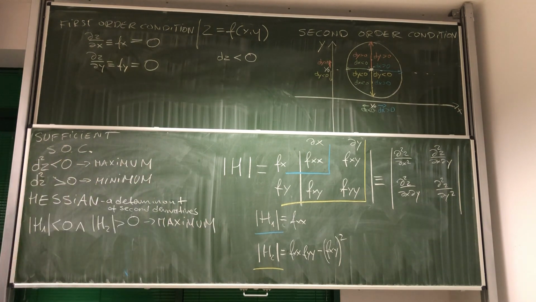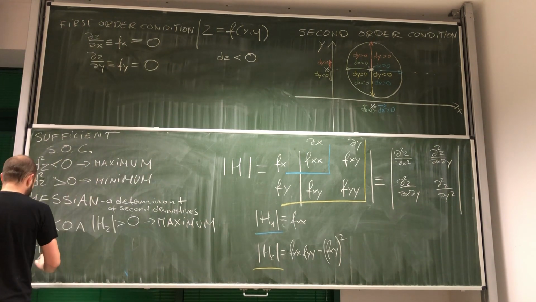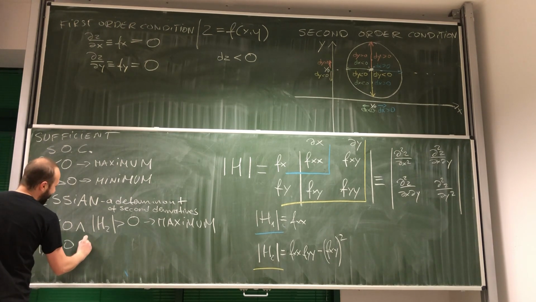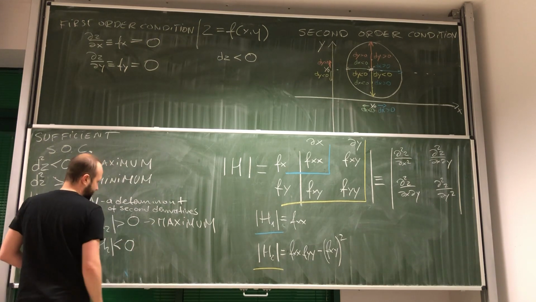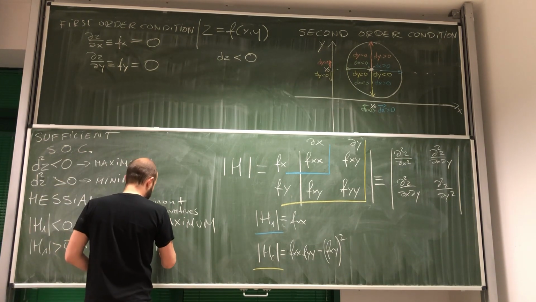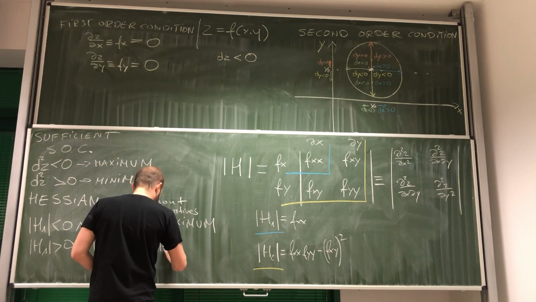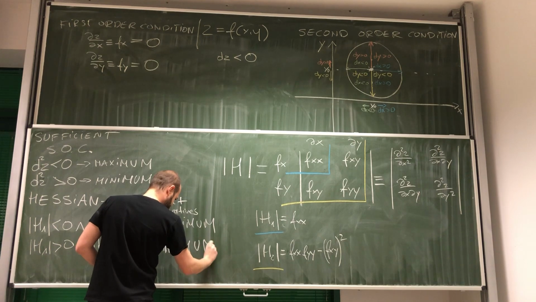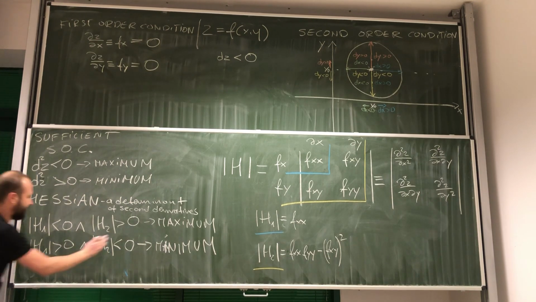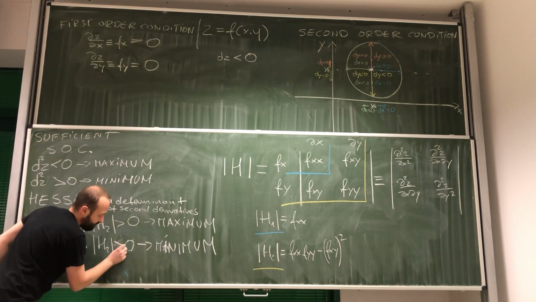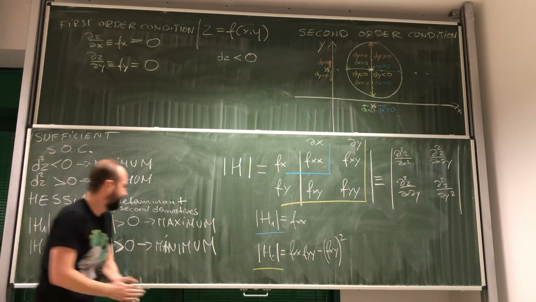Now, if H1 is bigger than 0 and H2 is lower than 0, we've got a minimum, sorry. But at the same time, they both need to be positive. Well, I'm sorry, it's really late, I'm very tired.